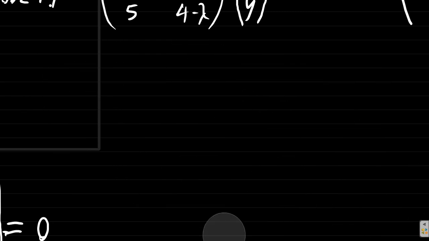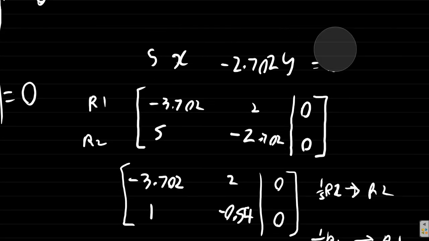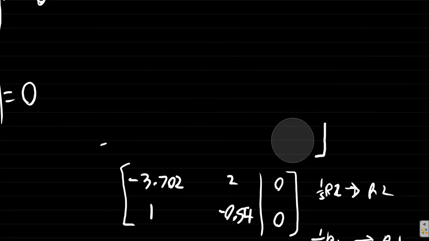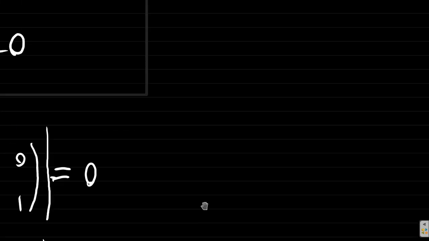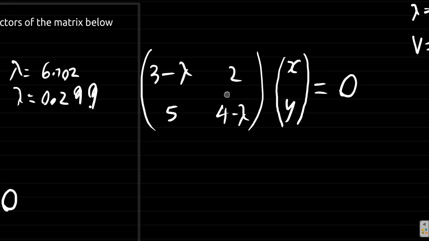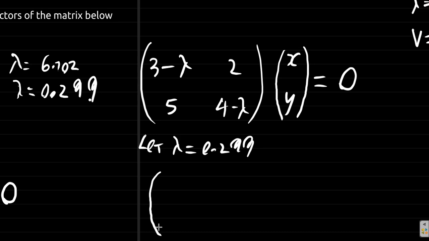Let's erase these things that we had under here before. Now, what we're going to do is let lambda equal 0.299 this time. What would happen? Alright, so we have 3 minus lambda.